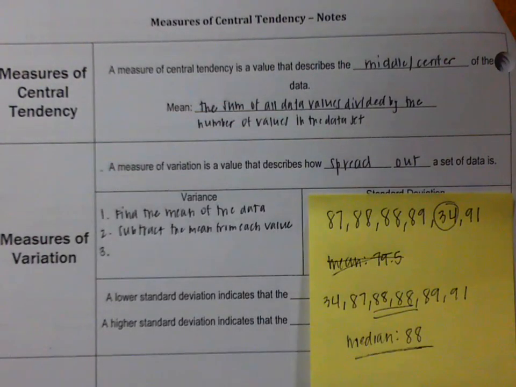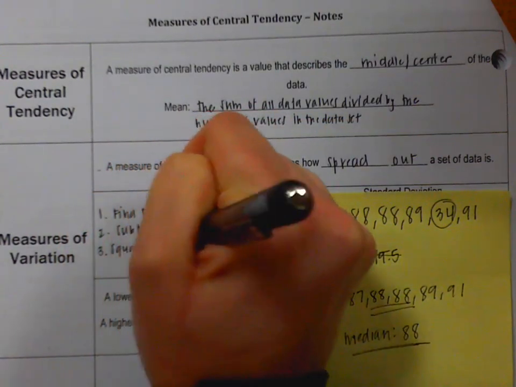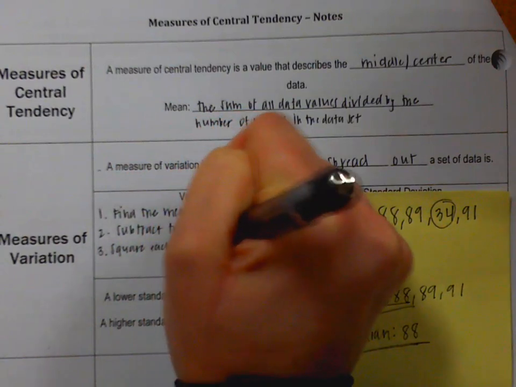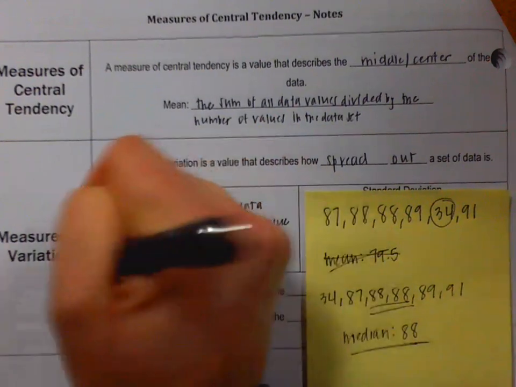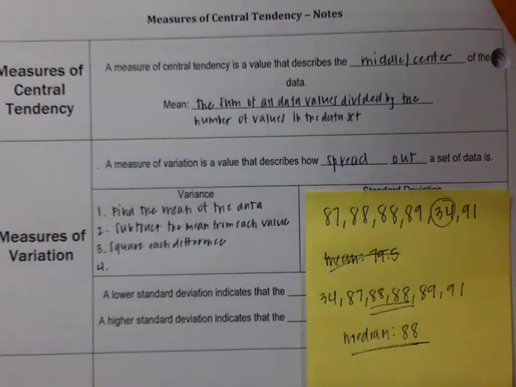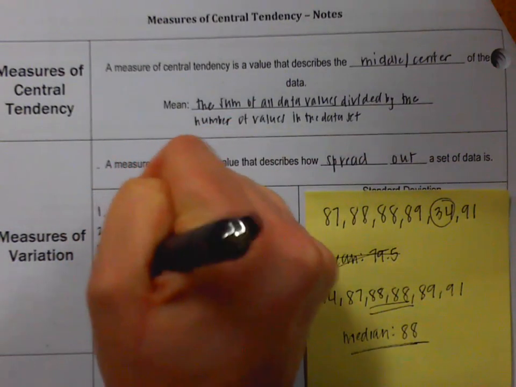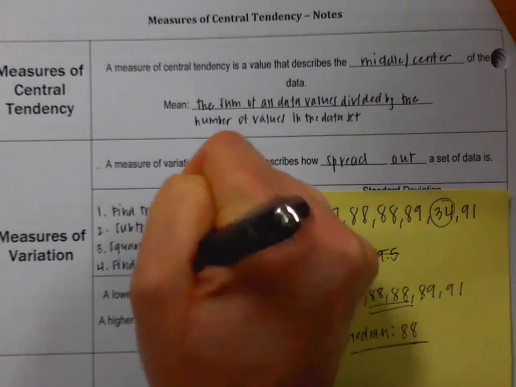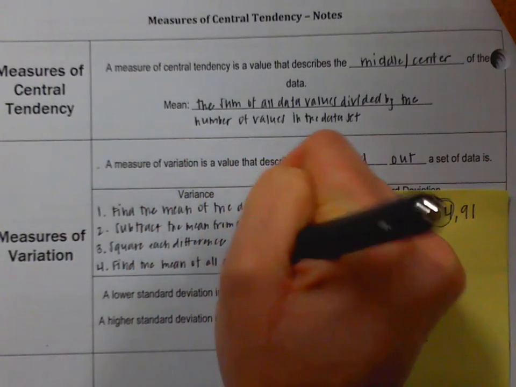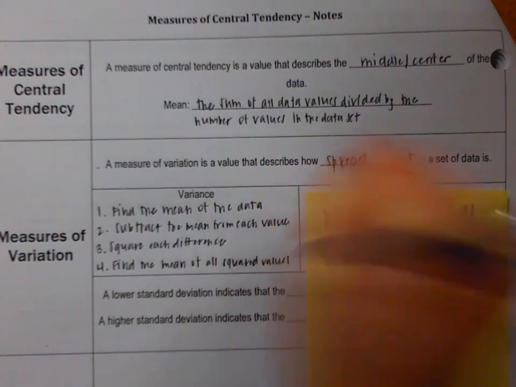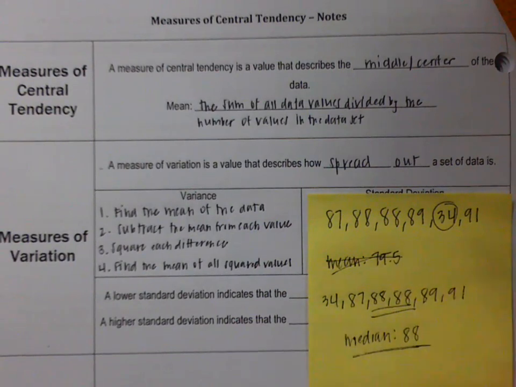Then once I've done that, I would square each difference. Whatever I got once I subtracted, I would square that, so raise it to a power of 2. And then the last step to find the variance, I would find the mean of all the squared values. So I'd subtract, then square them, add those values together, and then divide by 6.